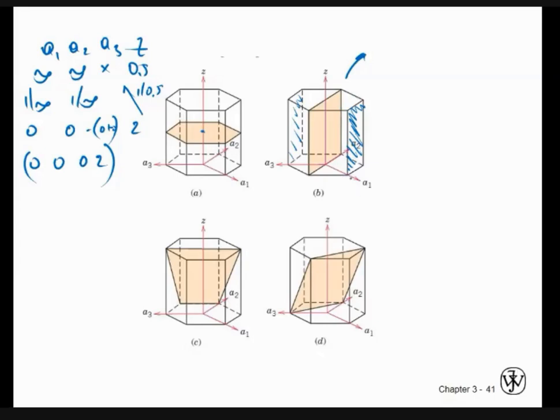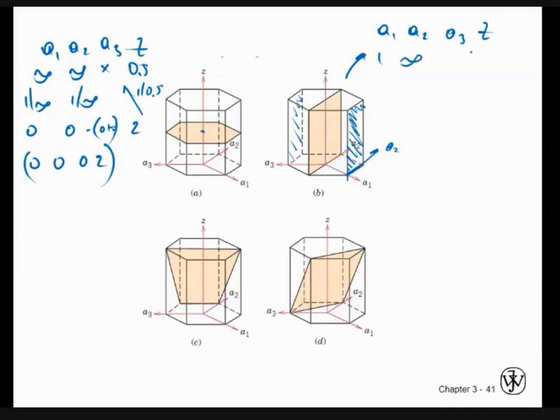So this plane intersects A1 at positive 1, A2, A3, and Z. This plane is parallel to A2. It is on the A2 axis. It means it's parallel. It's not an intersection. In order to make an intersection, it has to create an angle.